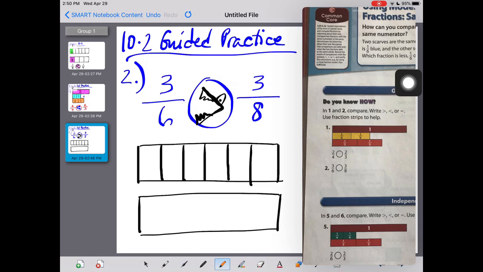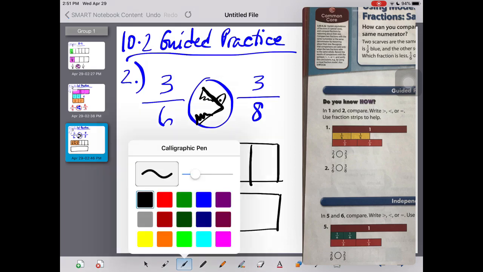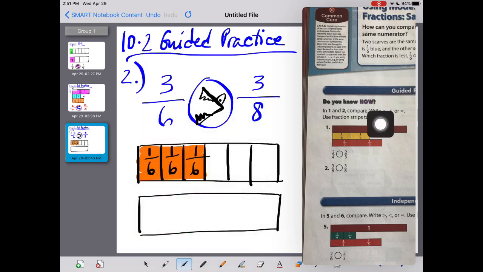And I'll shade in 3 of them with my handy dandy shading tool. All right, there we go. We have 1/6 plus 1/6 plus 1/6, right? Equals 3/6.